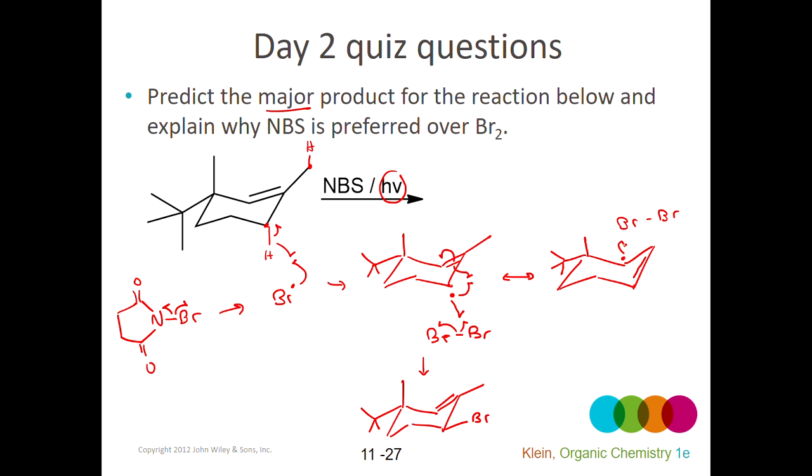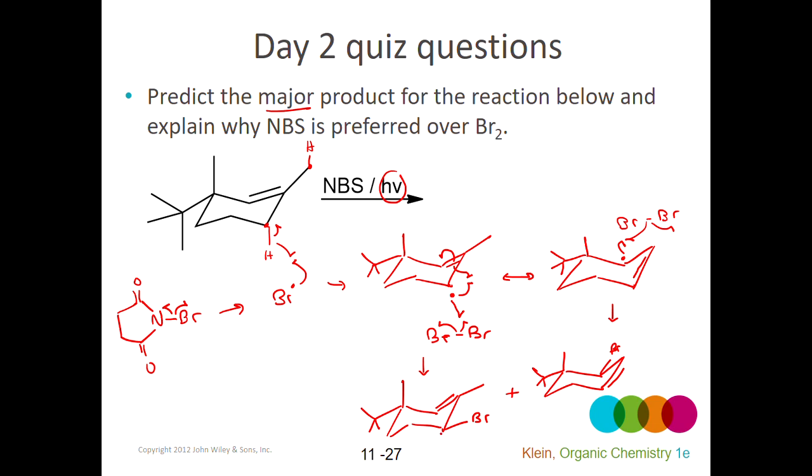So it could pick up a bromine from that position as well, which would give a different regiochemical outcome. Where now the pi bond's over here, and the bromine again in an equatorial position would avoid some sterics. So those are two likely products that would result.